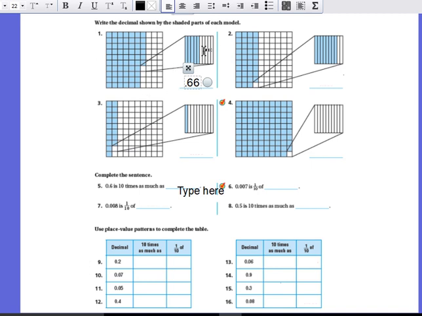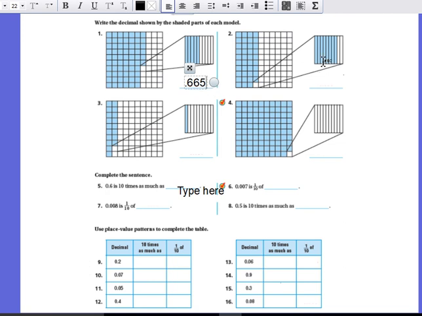Now, there you go, magnified it so I could see it. How many thousandths are shaded in? 1, 2, 3, 4, 5. This shaded spot is 0.665.